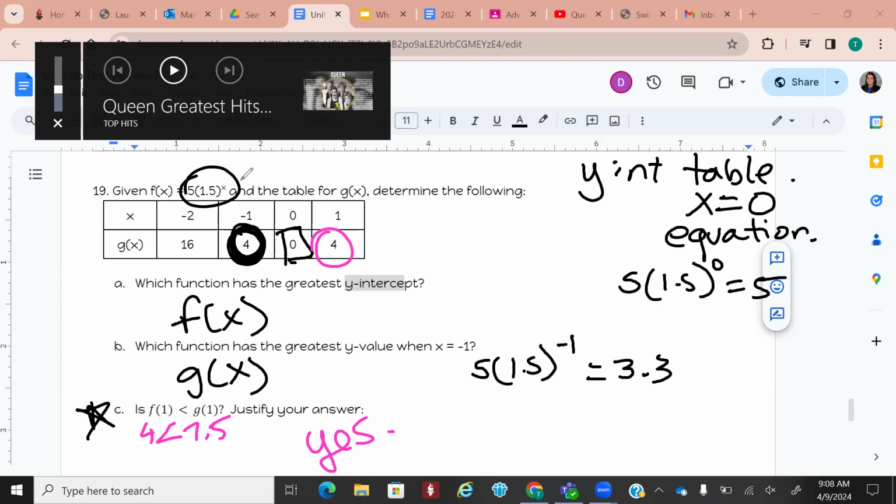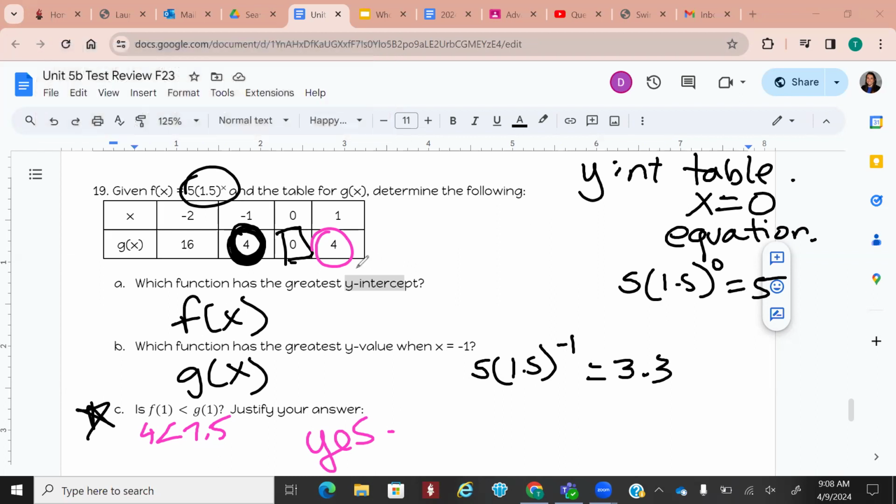Questions on that? Wouldn't it be the other way around? Oh, you're right. So f of 1 would be 7.5 less than 4. Is that a true statement? No. This is why you should always pay attention to what you're doing. I think you're catching that. Okay.